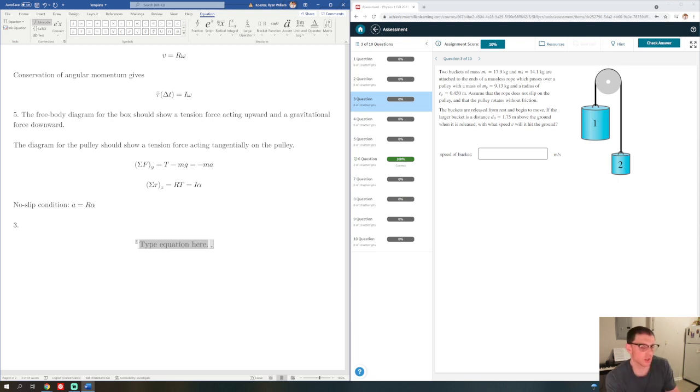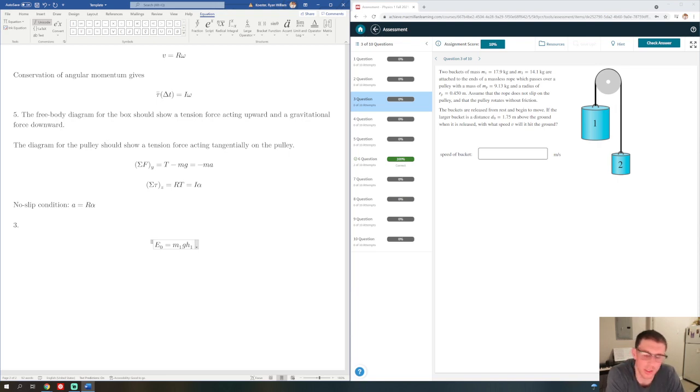So our initial energy is nice and easy. It's just going to be gravitational potential energy, right? Because it says the buckets are released from rest. So we could simply write M1 g H1. I mean, it is kind of already given for you, it's what they call d naught.